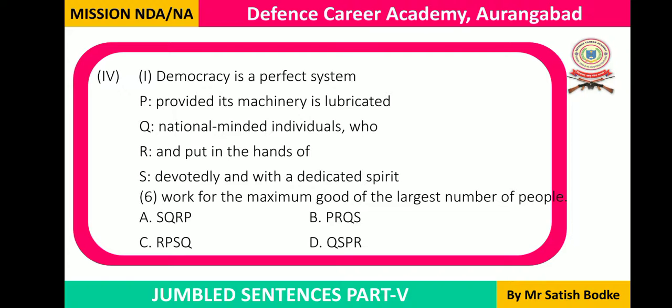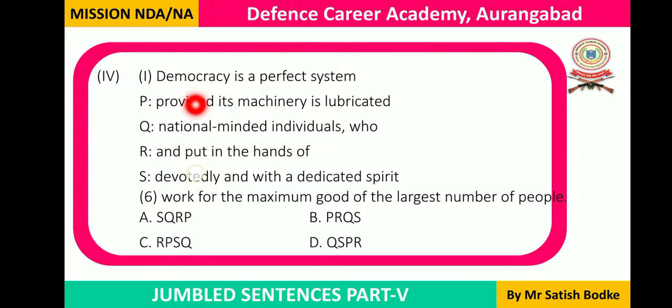Democracy is a perfect system. The sentence is beginning with a complete clause. Okay, or it might be incomplete, or it might become complete after putting one of these parts into that. Okay, democracy is the subject, is the verb, a perfect system is the complement.